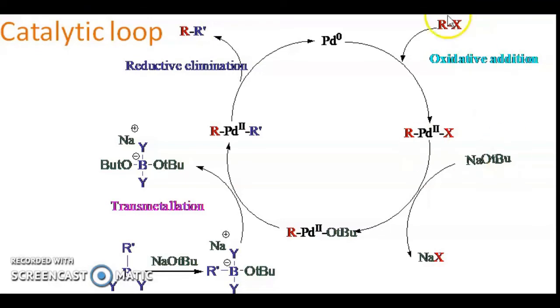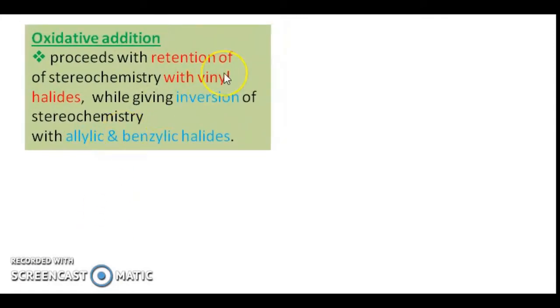Okay, so this is the mechanism involved in Suzuki coupling. Now we'll see once more, just to brush up. In oxidative addition, it proceeds with retention of stereochemistry in case of vinyl halide and inversion of stereochemistry in case of allylic and benzylic halide.